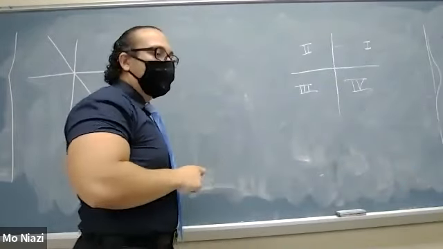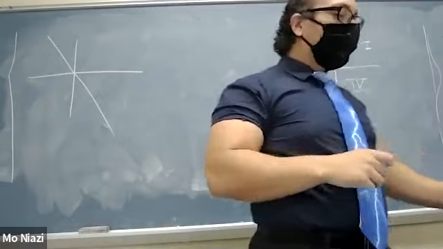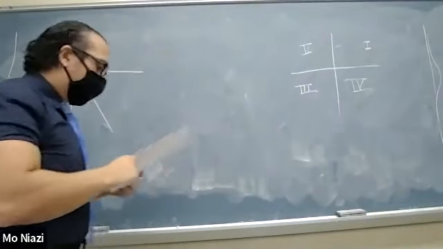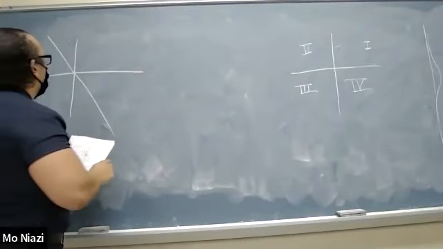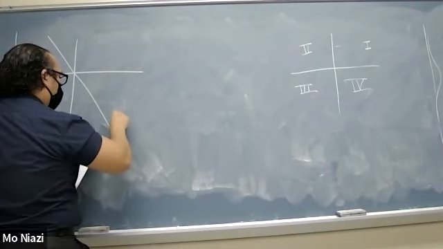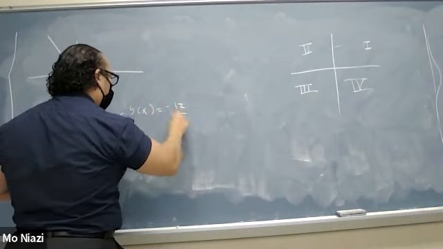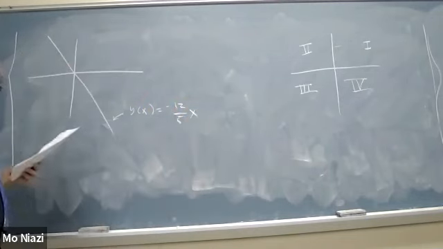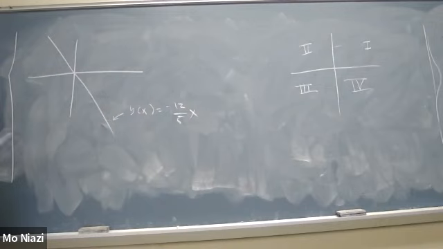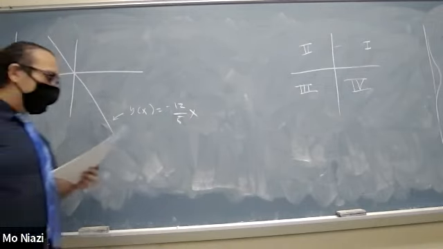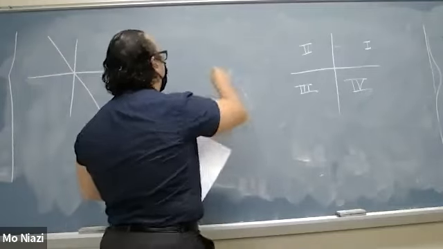Okay. So then now I can talk about this here. Let's say this is the line y of x is equal to negative 12 over 5x. Here's your task.